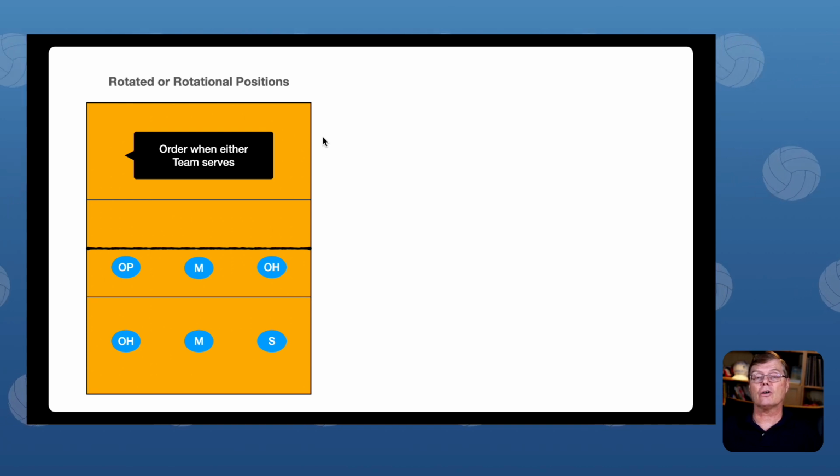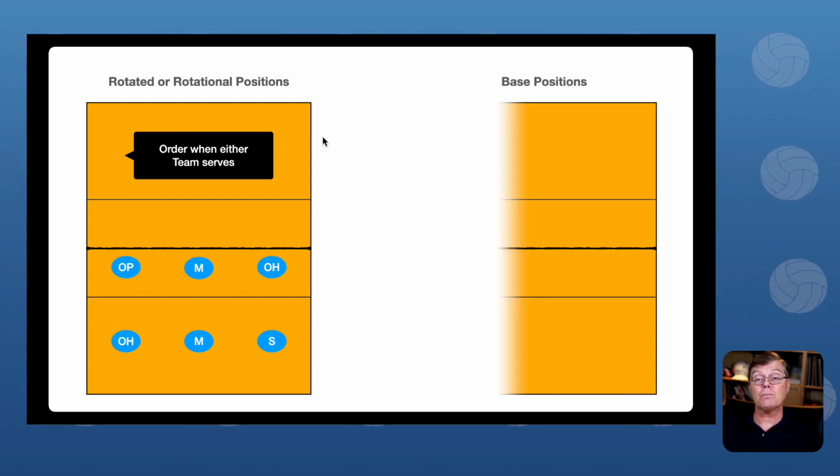And notice here that your opposite is your same counterpart in terms of the position you play. If you're an outside hitter, if you look across the court on a diagonal, you'll see another outside hitter. If you're a middle, if you look in front of you or across the court, depending on what rotation you're in, you should see another middle. And this becomes an easy way to keep you in order.